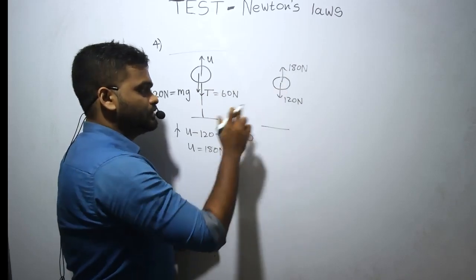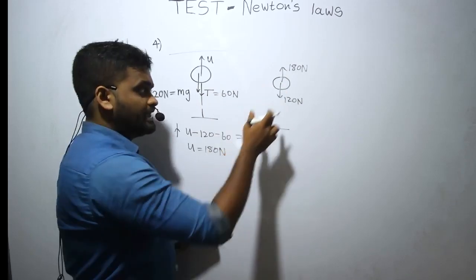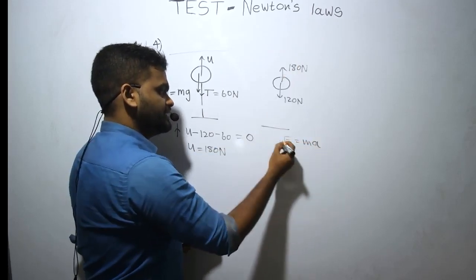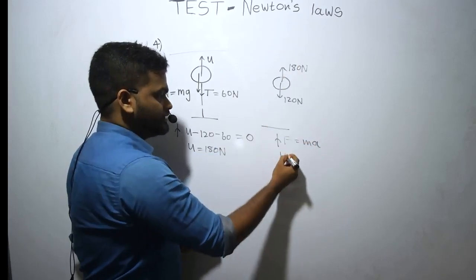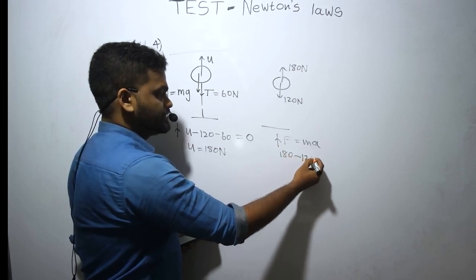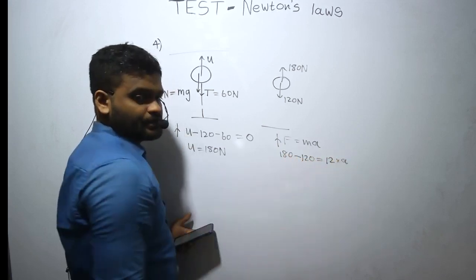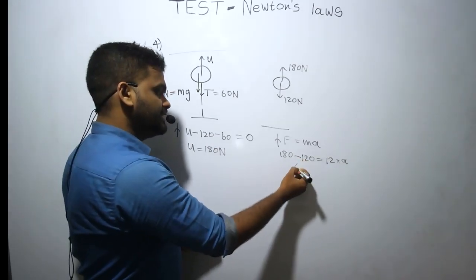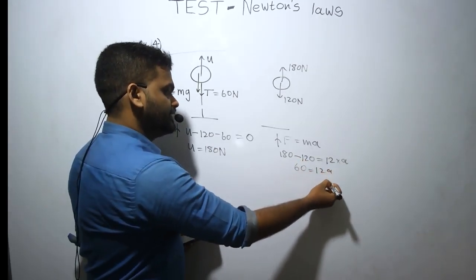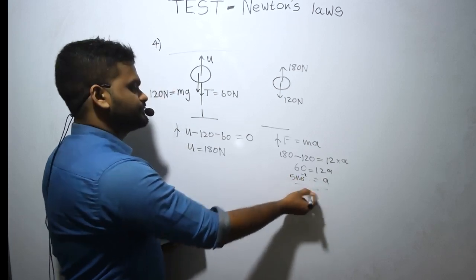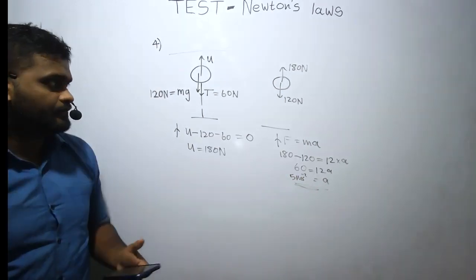So the string is no longer there, so there's an unbalanced force which accelerates this upwards. So let's say upwards 180, downwards 120. Mass is 12 and acceleration a. So this is 60 equals 12a. So acceleration should be 5 meters per second squared. Right? So this is how you find it.